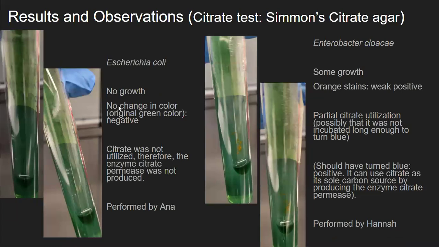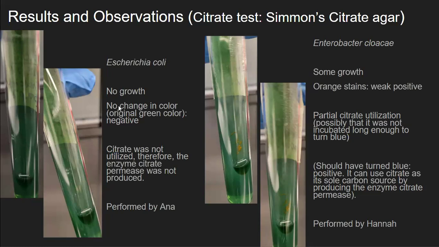Finally, for the citrate test, Simmons citrate agar, Escherichia coli experienced no growth and no change in color, retaining its original green color, indicating a negative result. Citrate was not utilized, therefore the enzyme citrate permease was not produced. For Enterobacter cloacae, there was some growth and an orange stain indicating a weak positive. There was also partial citrate utilization, possibly because it was not incubated long enough to turn blue, but it should have turned blue, indicating a positive reaction.